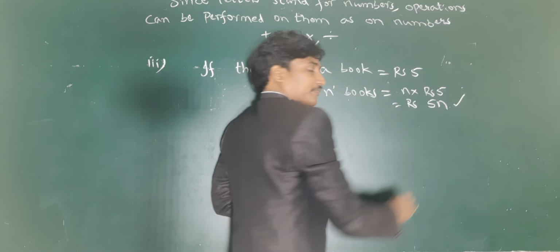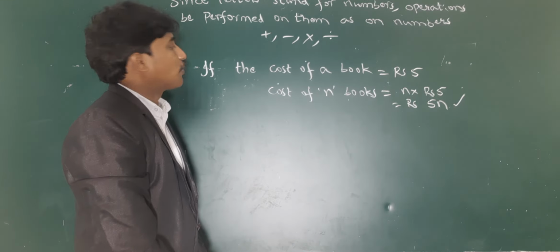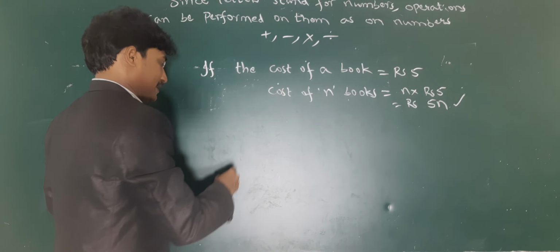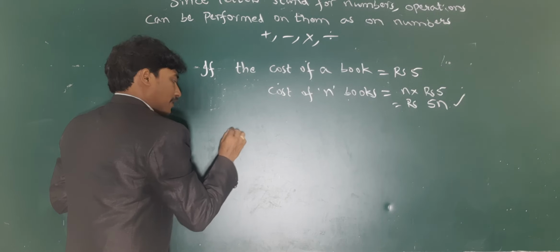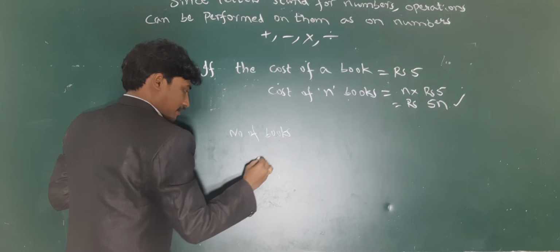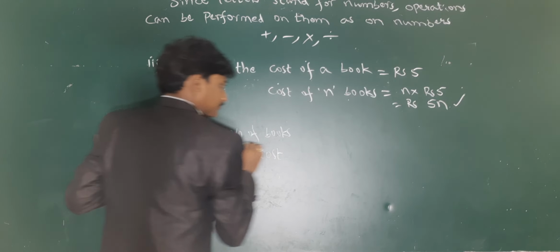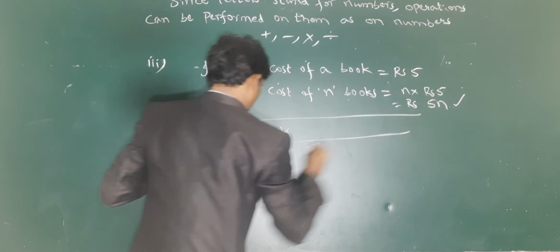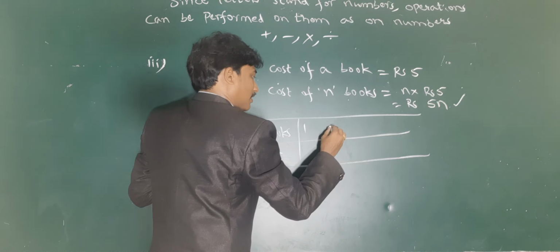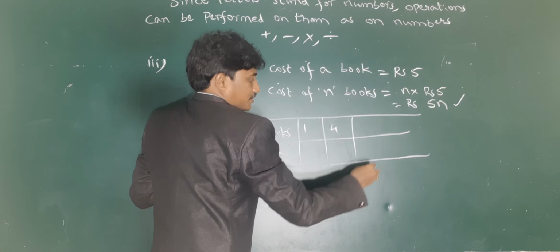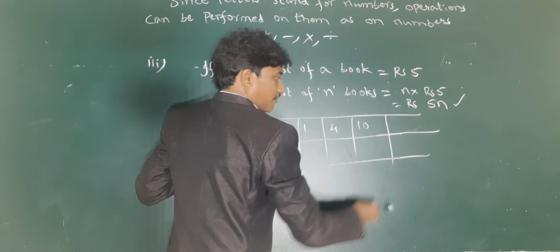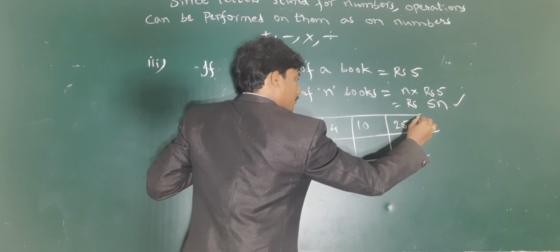This expression helps us to find the cost of different numbers of books. Let us write the number of books and cost: cost of one book, cost of 4 books, cost of 10 books, cost of 25 books.